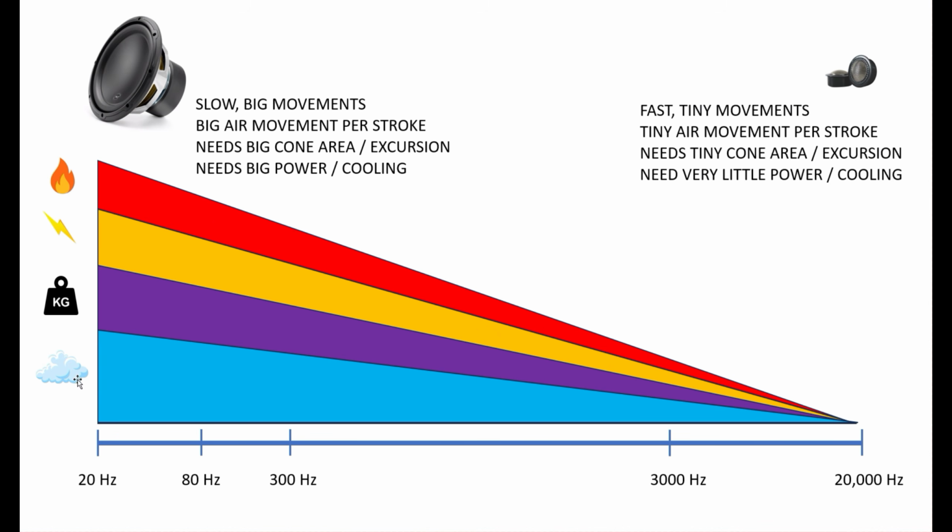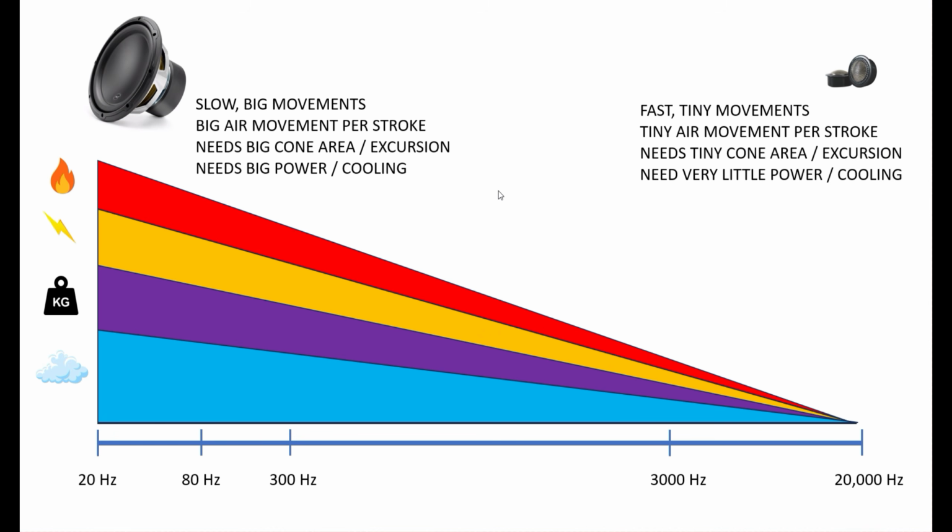Whereas down at the other end of the scale, the lower we go in frequency, the slower and the bigger the movements need to be. We need the cone to move more air per stroke, which means we need bigger cone area and bigger excursion. And because we've got more mass in the cone and we want to move it further on each stroke, that means we need more electrical power.